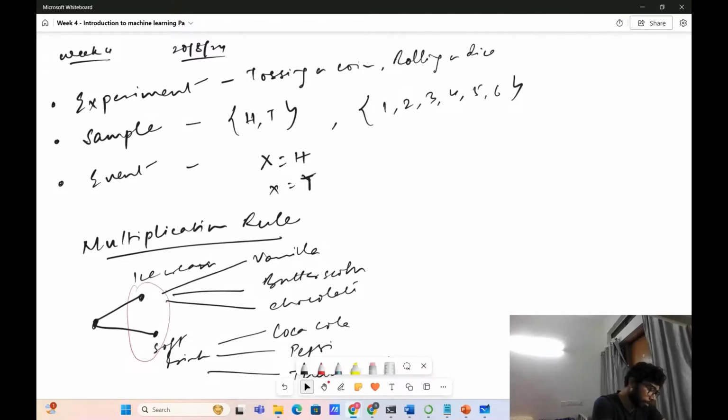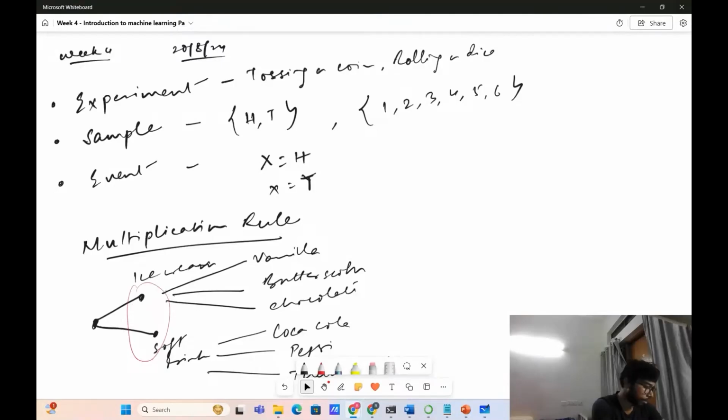So this is the result of your first experiment. Let's consider this to be the first experiment. This experiment is that you want to choose between ice cream and soft drink.